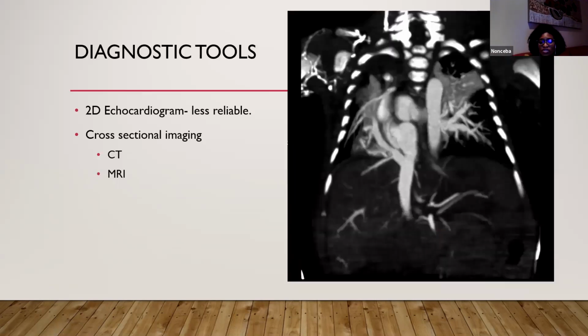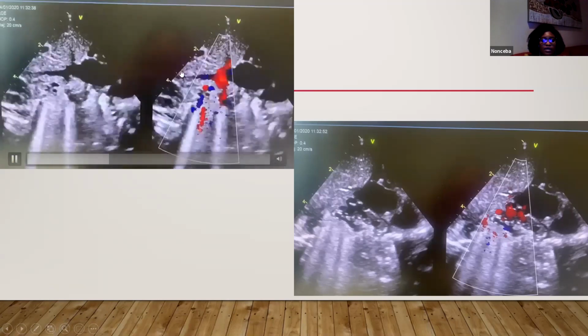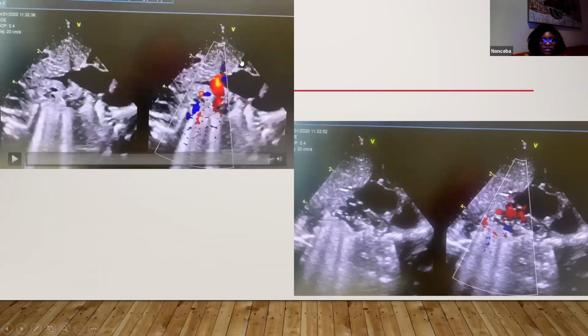So we had a patient earlier this year who on echo was presented by the cardiologist, Dr. Mamaila, and she said on echo she's suspicious of a vessel. There's a vessel that looks like it's draining into the IVC or into the right atrium. So I'm just going to play that. This is the liver, that is the heart, and here's the diaphragm.